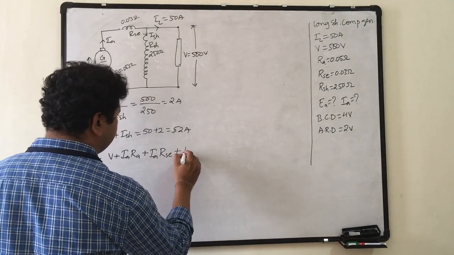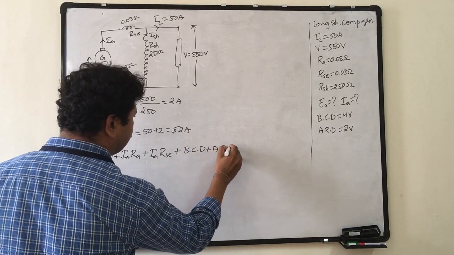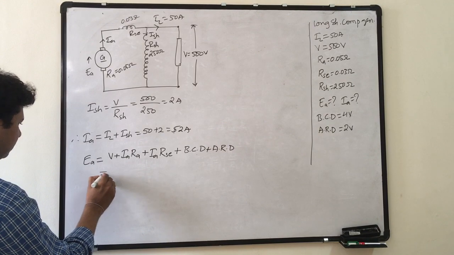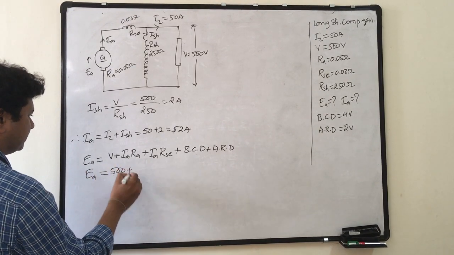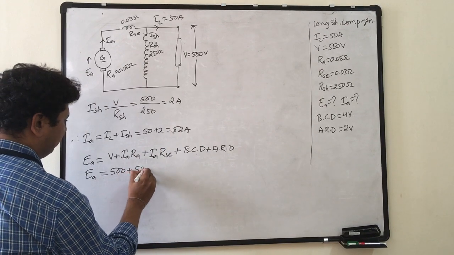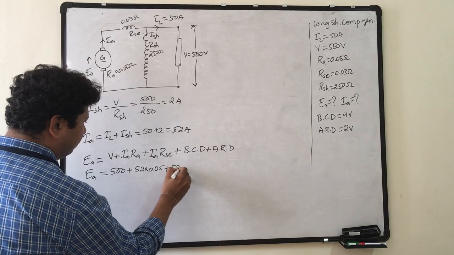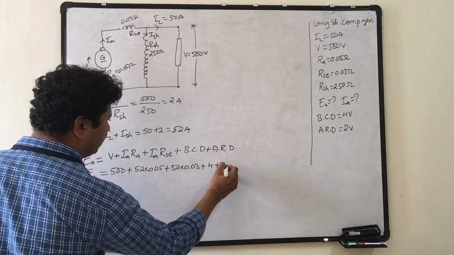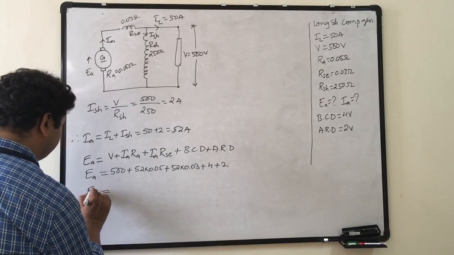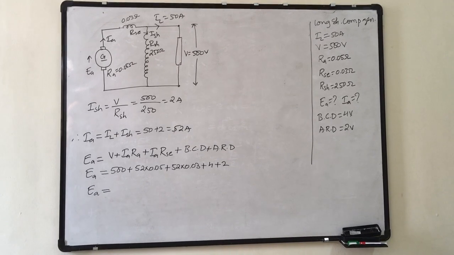Plus the brush contact drop plus the armature reaction drop. So this is equal to 500 plus 52 into 0.05 plus 52 into 0.03 plus 4 plus 2. This is EA.